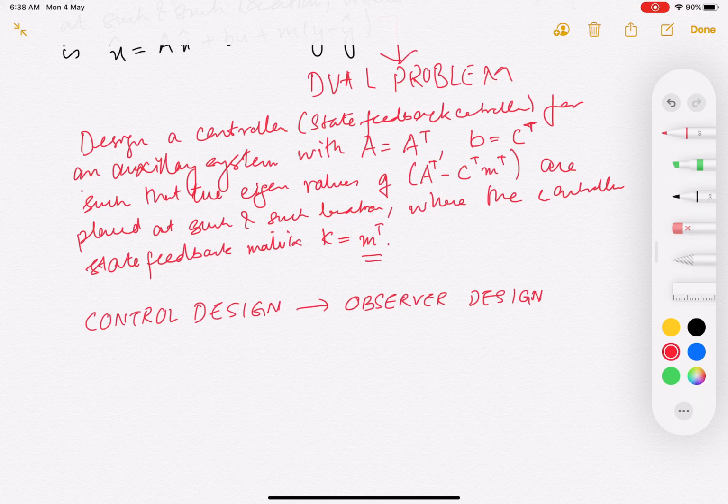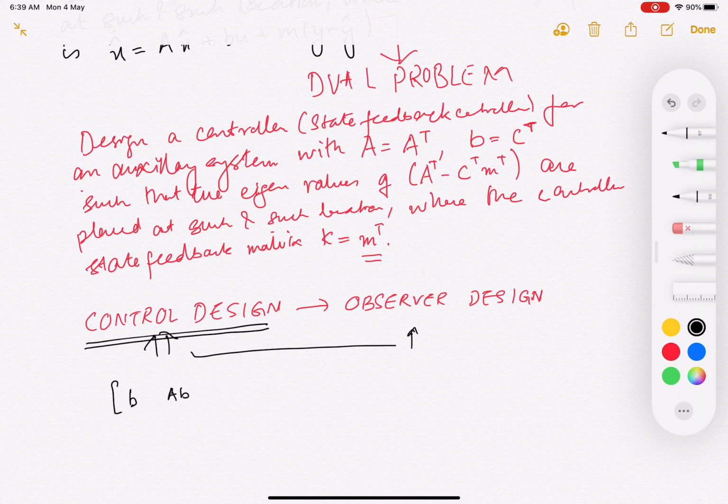And this is totally logical, because if the basic criteria for control design, state feedback based control design, is your system is controllable. If your system is controllable, it automatically ensures that your dual system is observable, because controllability means B, AB, A square B, up to A to the power n minus 1 B has rank n for a SISO system.